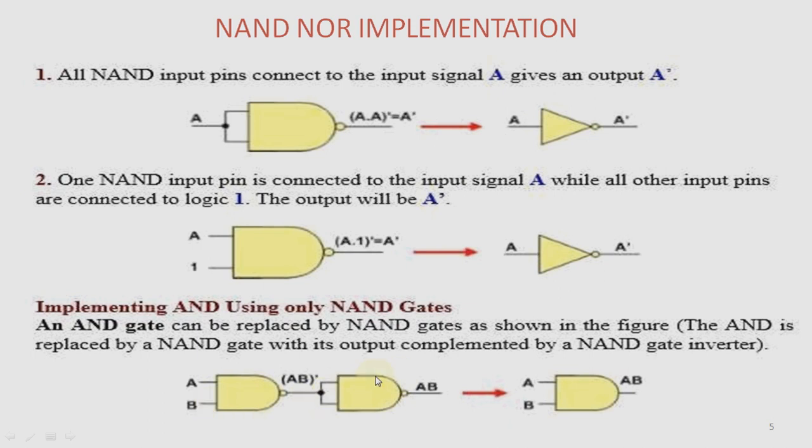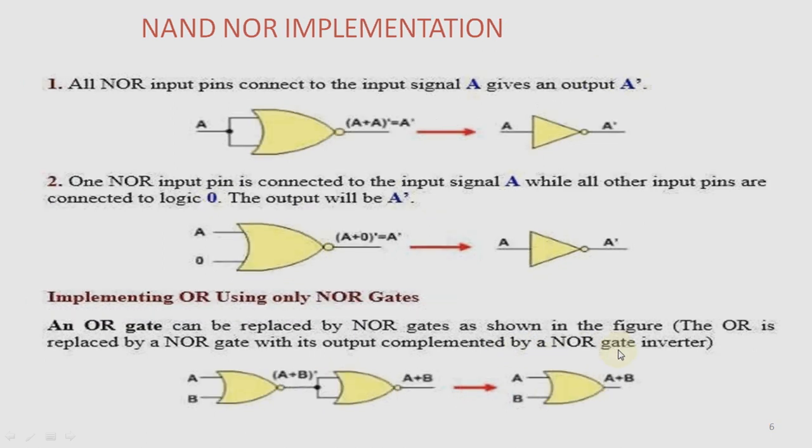A NAND gate plus one more NAND gate acting as a NOT gate gives the AND gate. When we apply inputs A and B we get the output AB dash, and after applying this output to the input of the next gate we get AB. So the output of the AND gate is AB. Here the AND is replaced by a NAND gate with its output complemented by a NAND gate inverter.